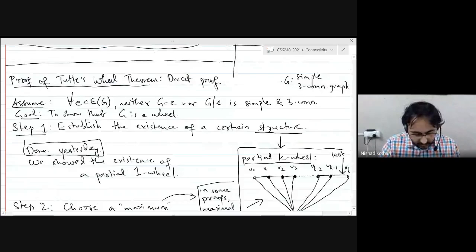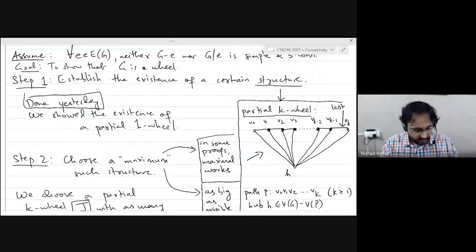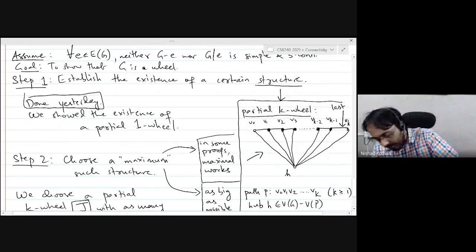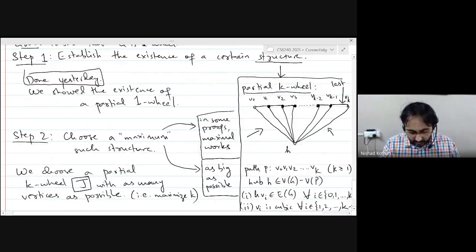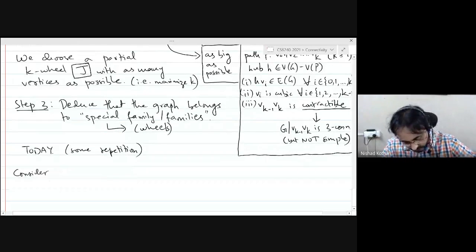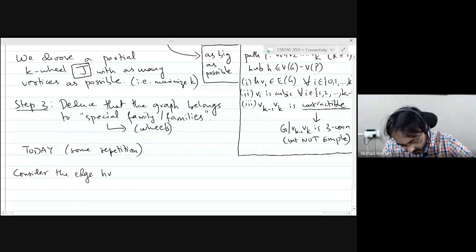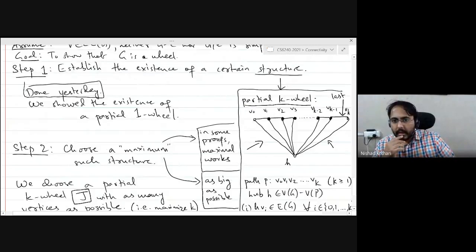So let us look at the last edge in our partial k wheel. By this I mean the edge HVK, the edge joining the hub to the last vertex on the path. Clearly, if you delete this edge, your graph is simple.